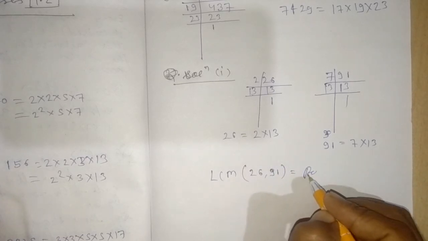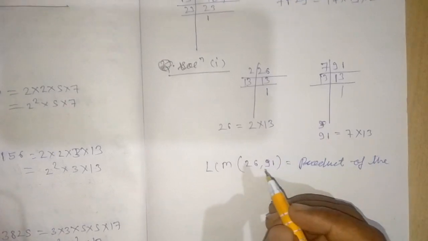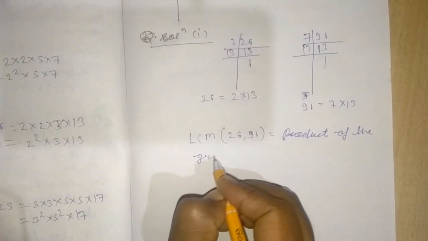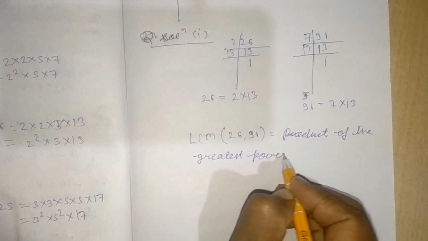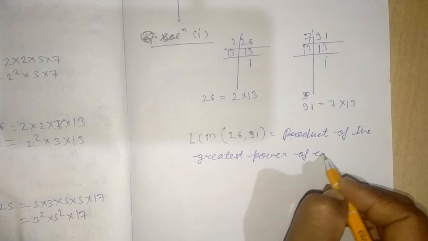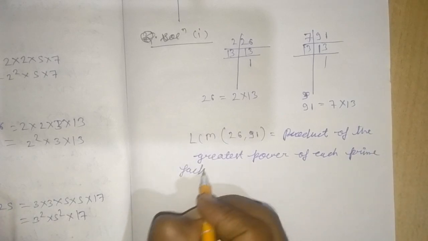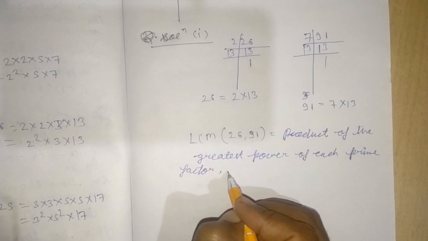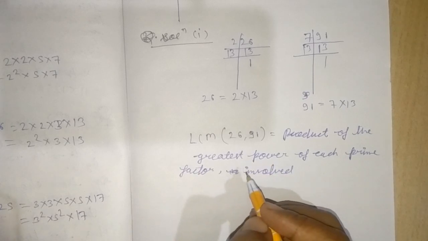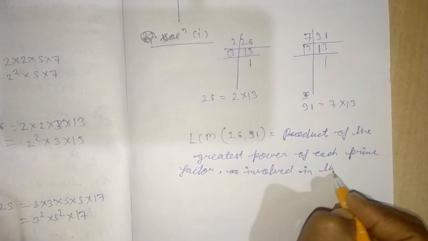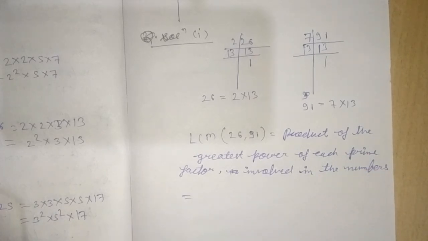So we write here: product of the greatest power of each prime factor involved in the numbers, okay, equals product of greatest power of each prime.